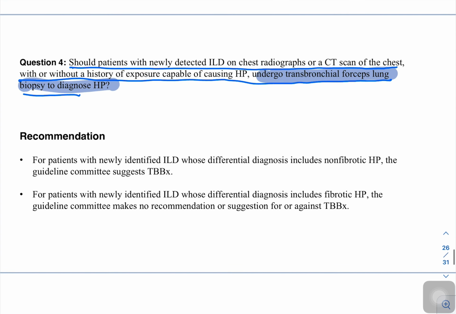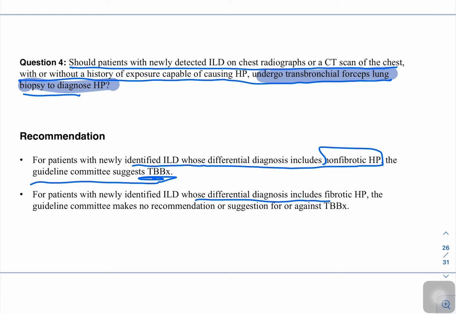So the recommendations are: for a patient with newly identified ILD whose differential diagnoses include non-fibrotic HP, the guidelines committee suggests transbronchial biopsy. For patients with newly identified ILD whose differential diagnoses include fibrotic HP, the guidelines make no recommendation or suggestion for or against the transbronchial biopsy.